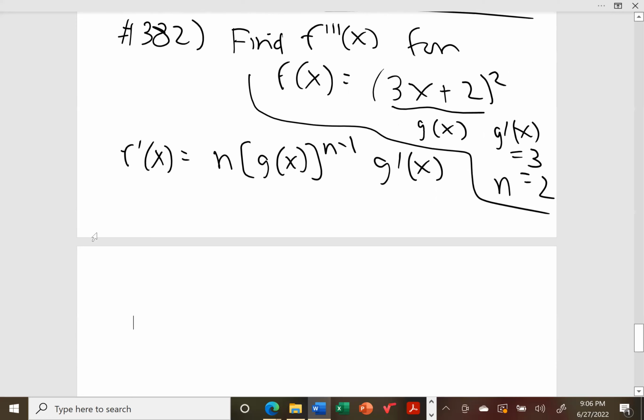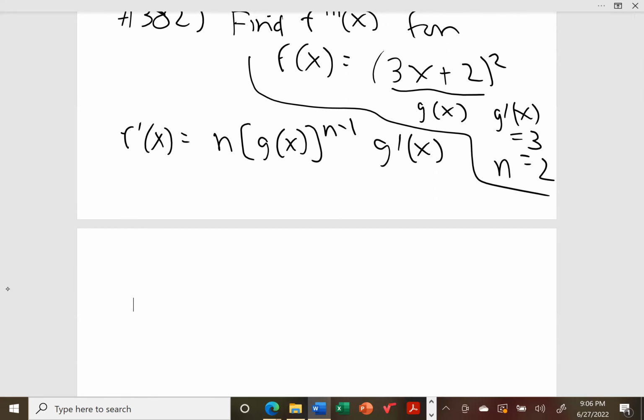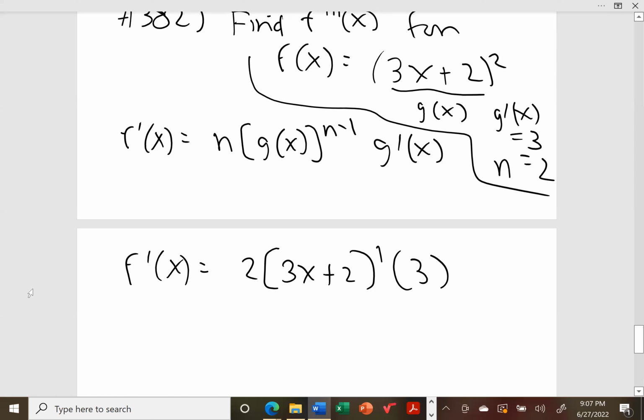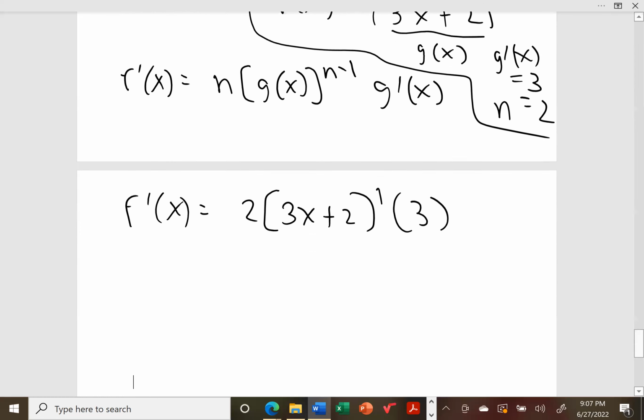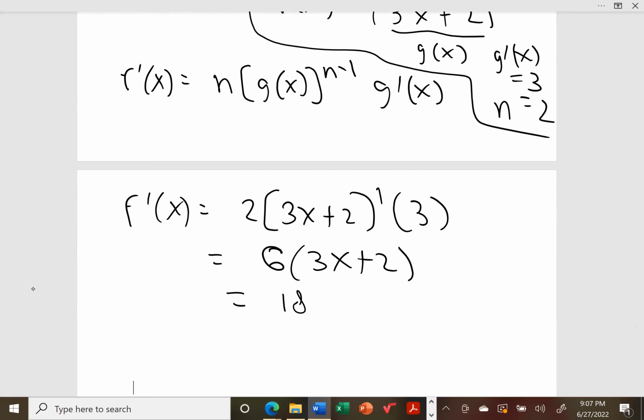So what will we have? The first derivative will be 2 times (3x plus 2) to the first power times 3. Or very simply, because it's so simple, we can just rewrite this as 18x plus 12.